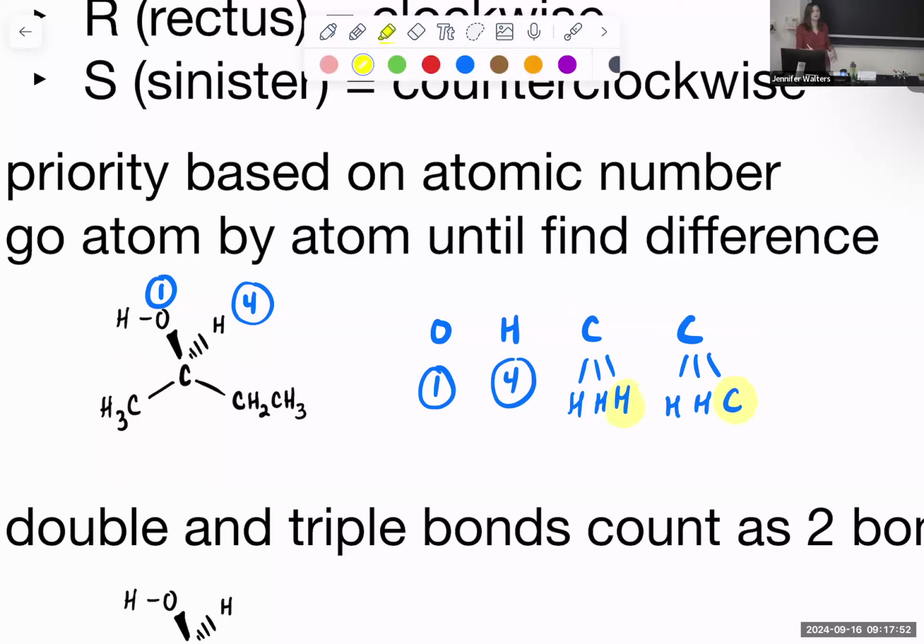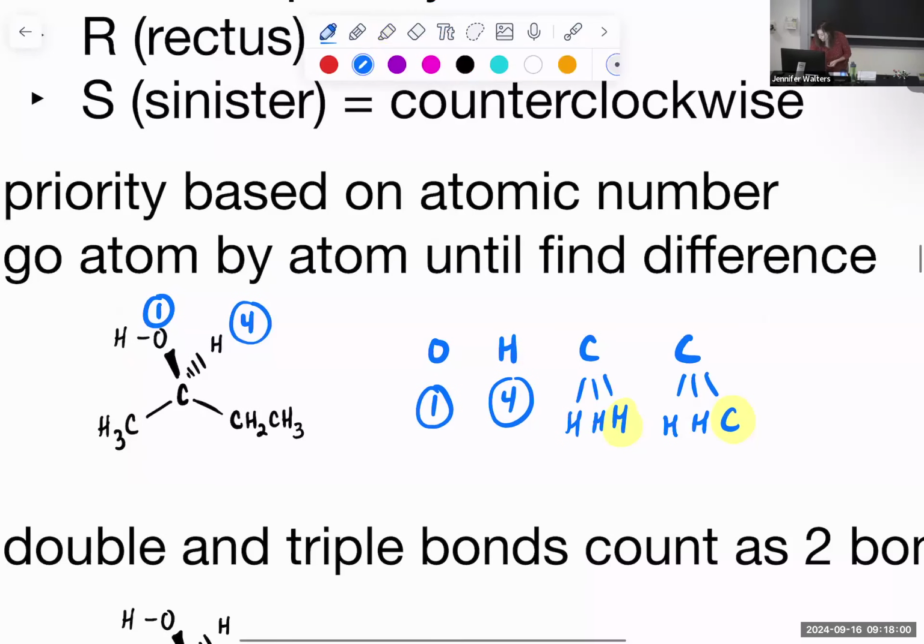The second that you get to the highest atomic number, that is when you're like, cool, that is going to be higher in priority. So that forces that carbon chain on the right to now be priority 2. The carbon chain on the left is priority number 3. So that makes this 3, that 2.